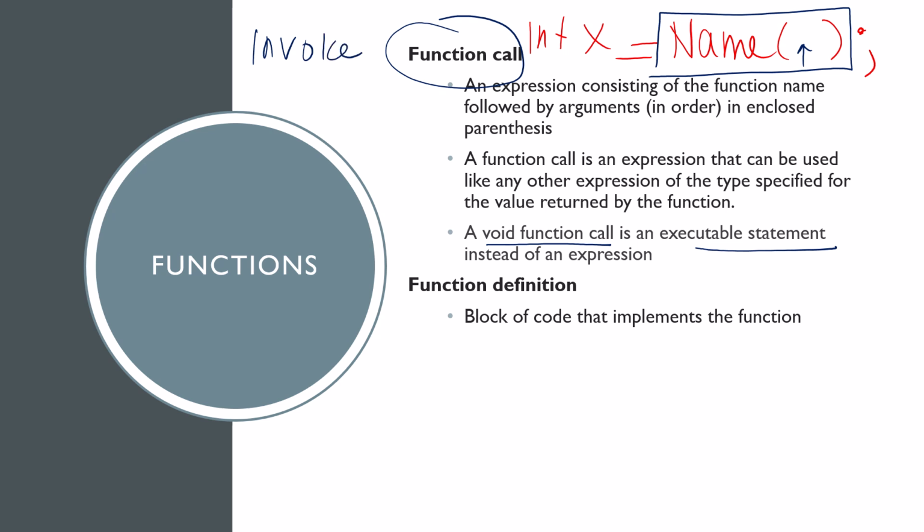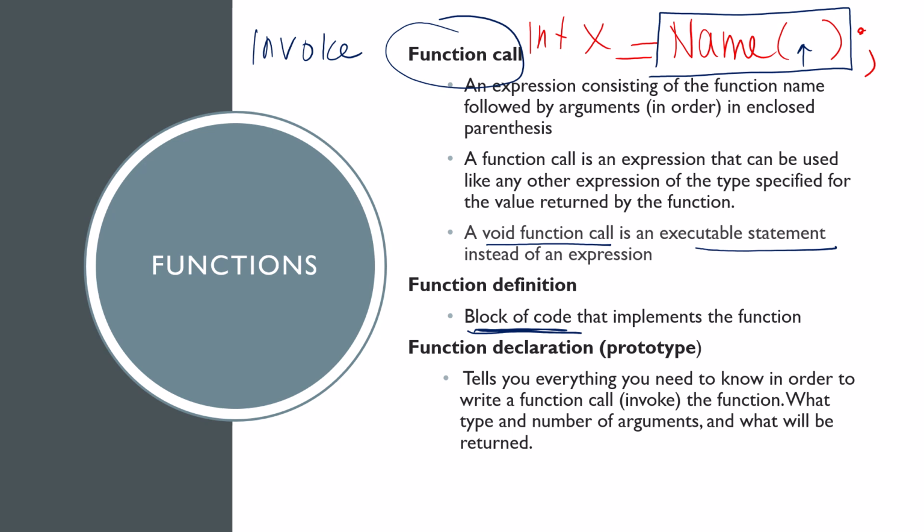A function definition is a block of code in which you put the code that implements the function. And then there is also a thing called a function declaration. This is a single statement that tells you everything you need to know about the function in order to use it, and you should have very good comments on your function definition. You should add comments.